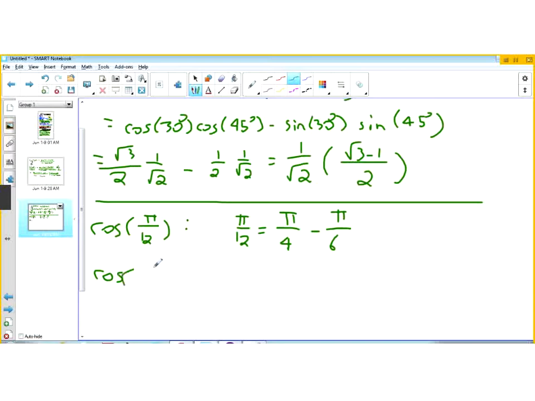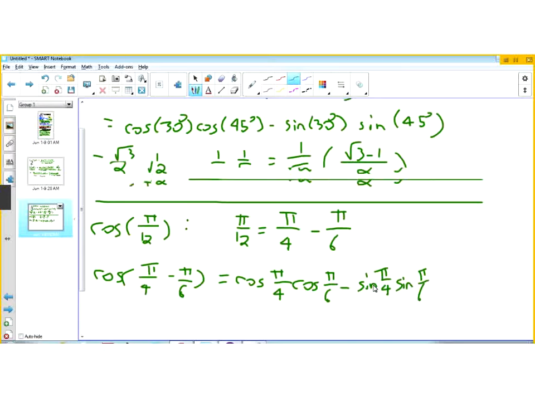So this would be the cosine of pi 4ths minus pi 6. So that would be the cosine of pi 4ths times the cosine of pi 6 minus the sine of pi 4ths times the sine of pi 6.